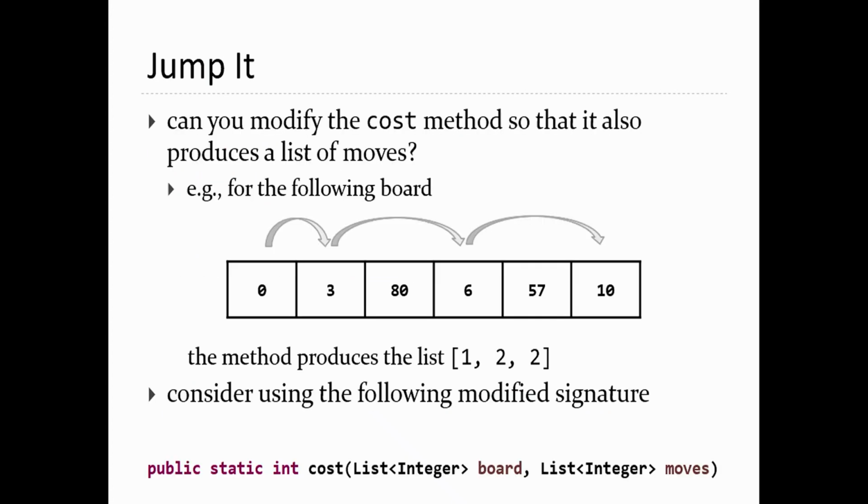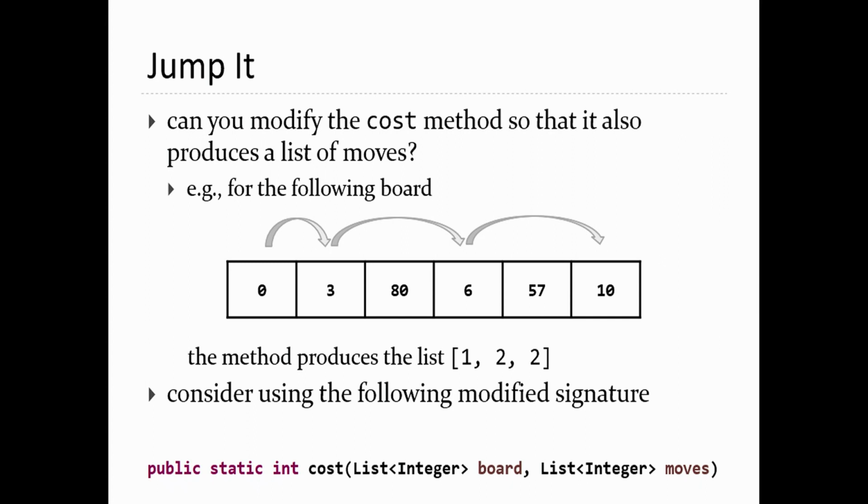Okay, so there's lots of variations of this problem that you could try to solve. For example, you can take that method I just wrote and modify it so that it also returns a list of moves. So instead of returning the cost, can you have the method produce the list of moves that it needs to make to solve the board? In your copious free time, you might consider trying to solve that version of the problem.